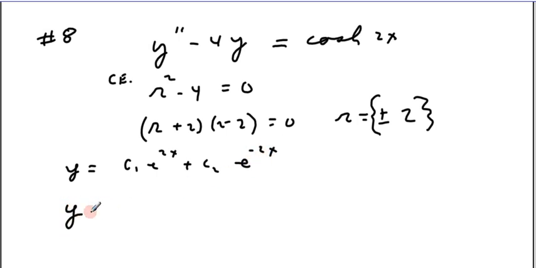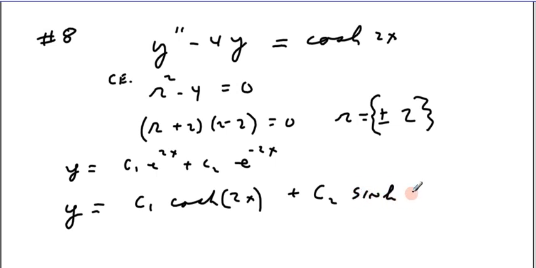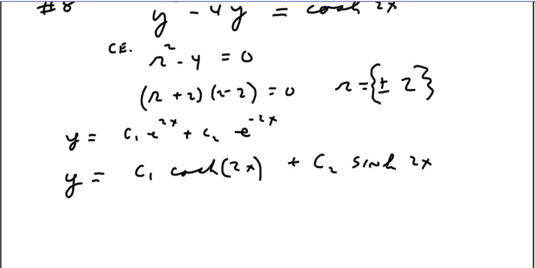Or I could say that y is equal to c1 hyperbolic cosine 2x plus c2 hyperbolic sine of 2x. In either event, I would have to come up with a particular solution.